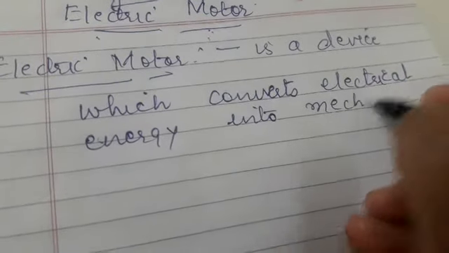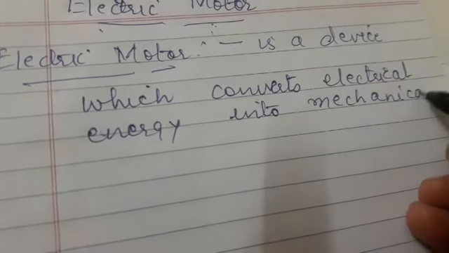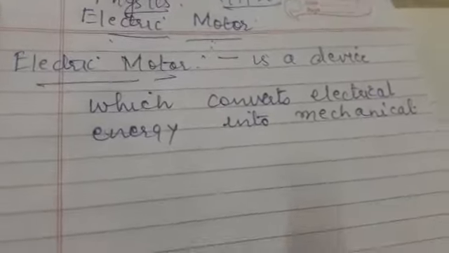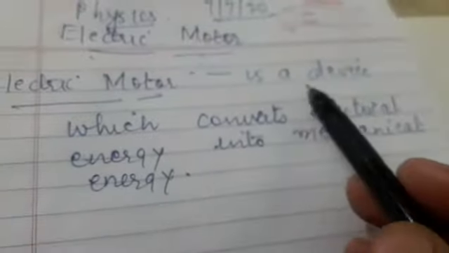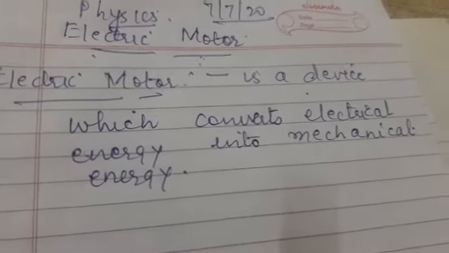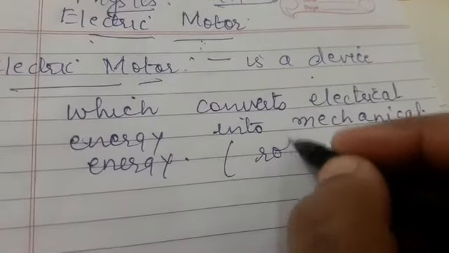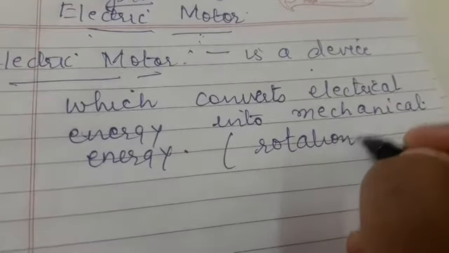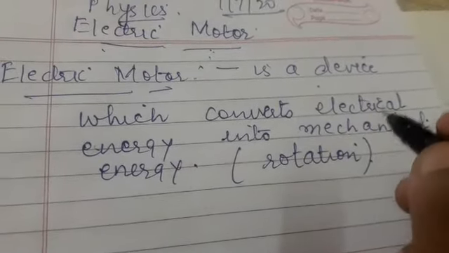You know what is mechanical energy? The energy of the machines is called mechanical energy. So the electric motor is actually a device which converts electrical energy into mechanical energy, or we can say that it causes rotation, means that the object rotates.